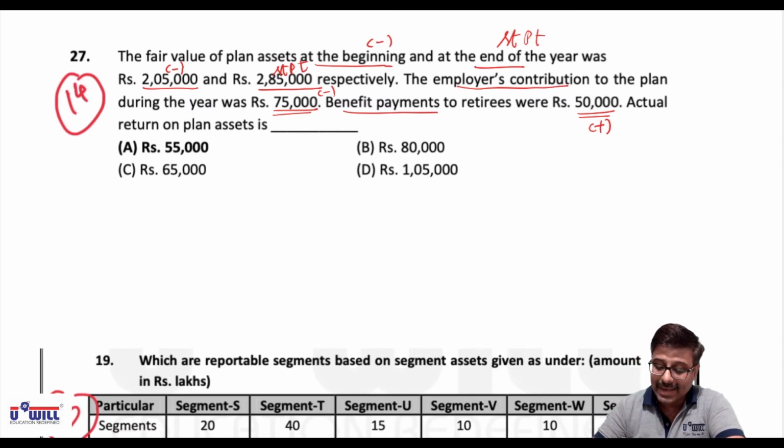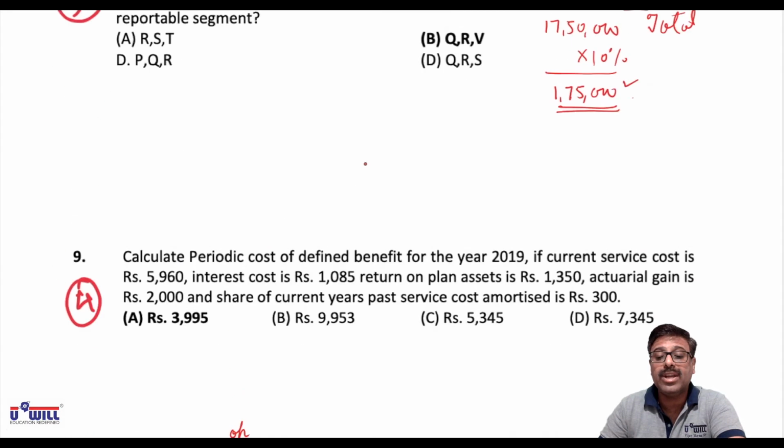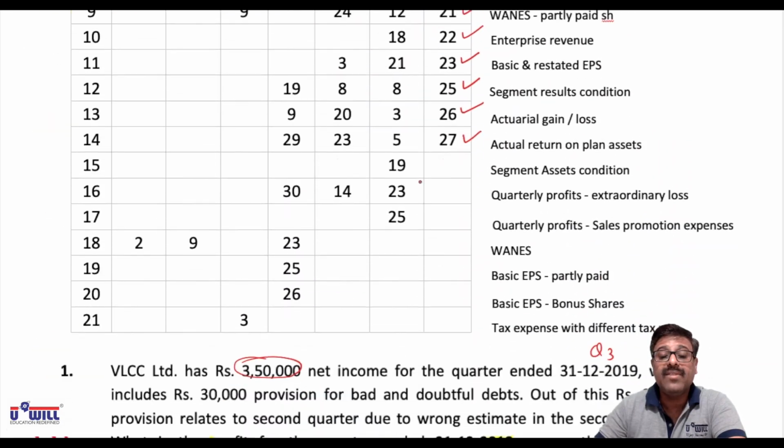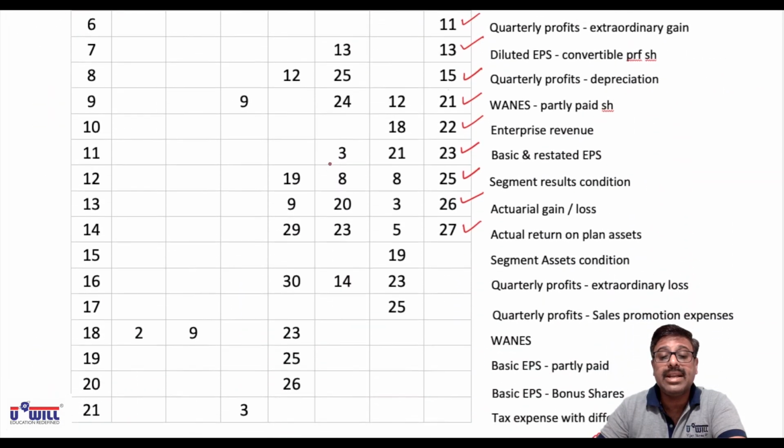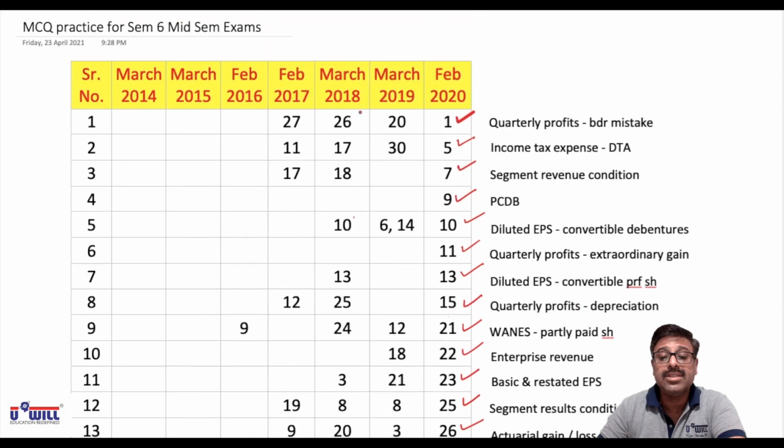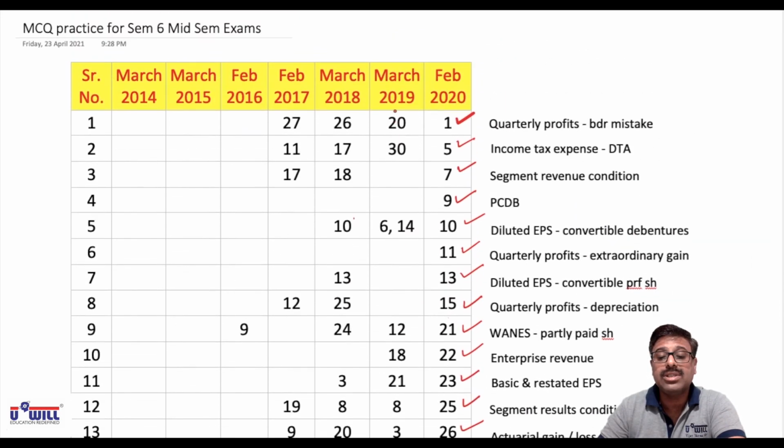Starting point 2,85,000, minus 2,05,000 fair value in the beginning, minus 75,000 employer's contribution, plus 50,000 benefit payment. So 55,000 is your correct answer.